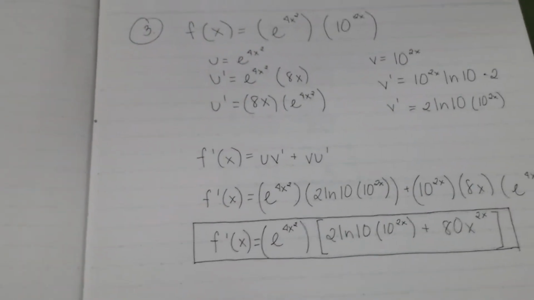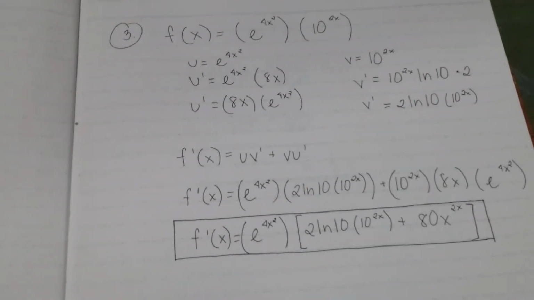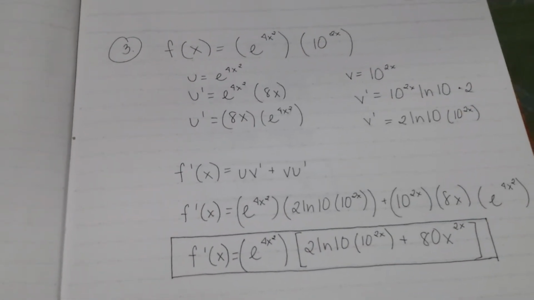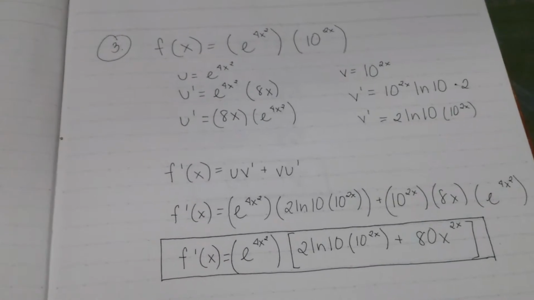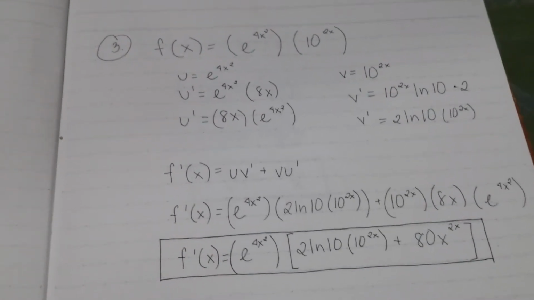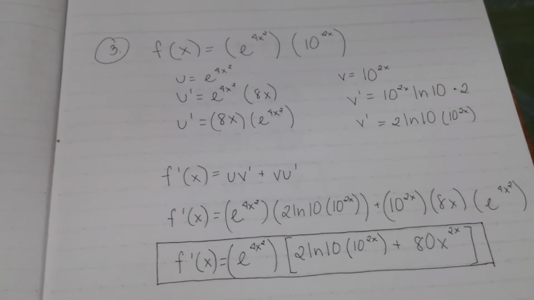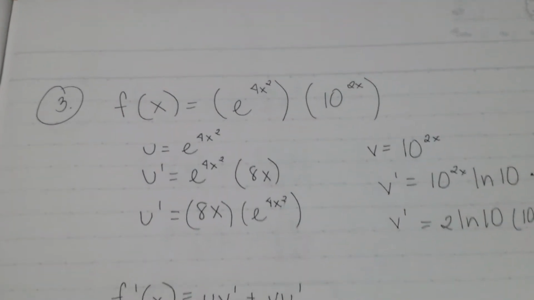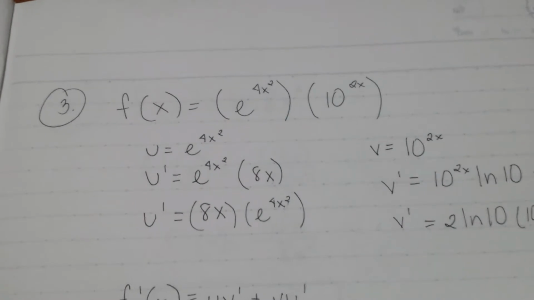So next example, we have an exponential function. So we have f of x equals e raised to 4x squared times 10 raised to 2x. So we'll also get the u prime and the v prime. So we have the u, which is e raised to 4x squared.